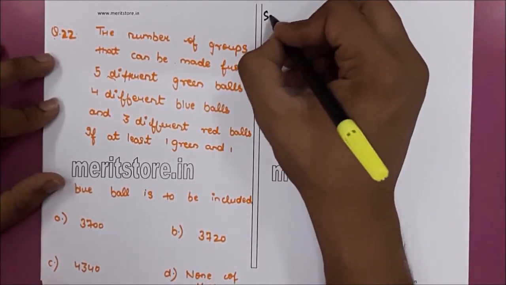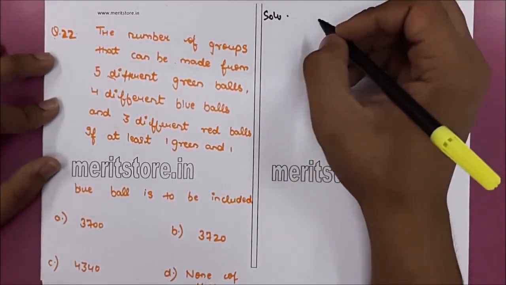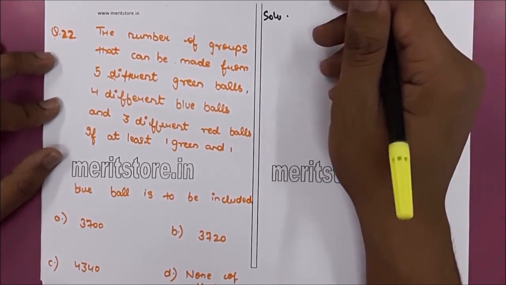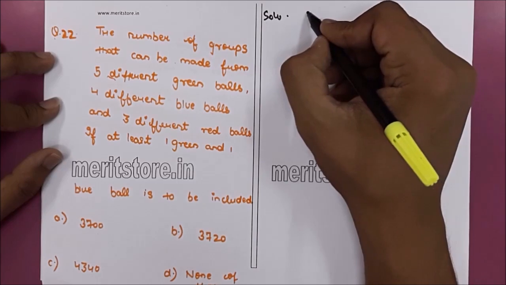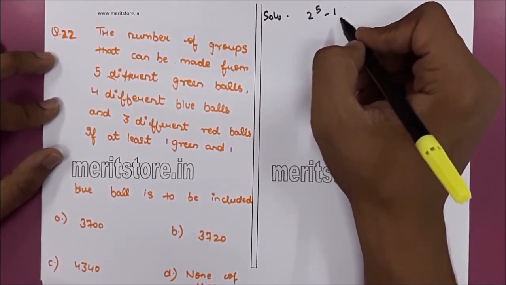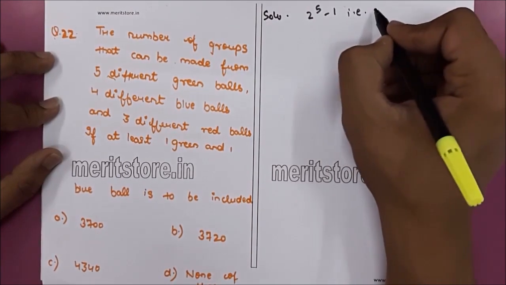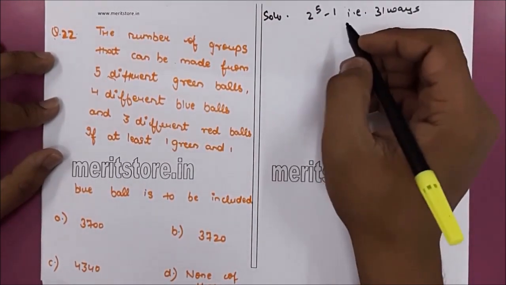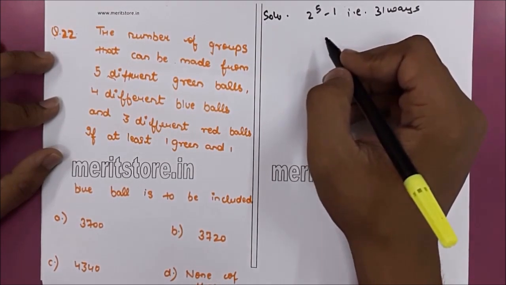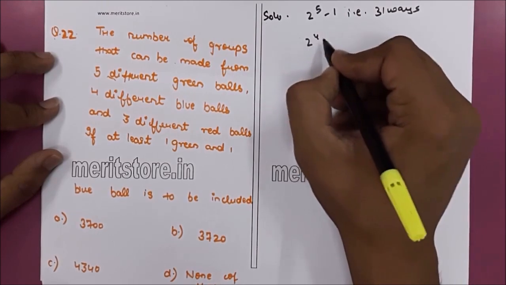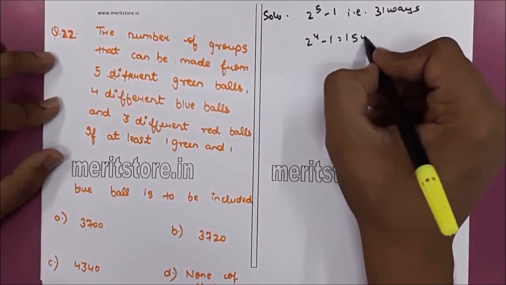Therefore, the solution is, at least one green ball can be selected out of 5 green balls in 2 raised to 5 minus 1, that is in 31 ways. Similarly, at least one blue ball can be selected from 4 blue balls in 2 raised to 4 minus 1 equal to 15 ways.